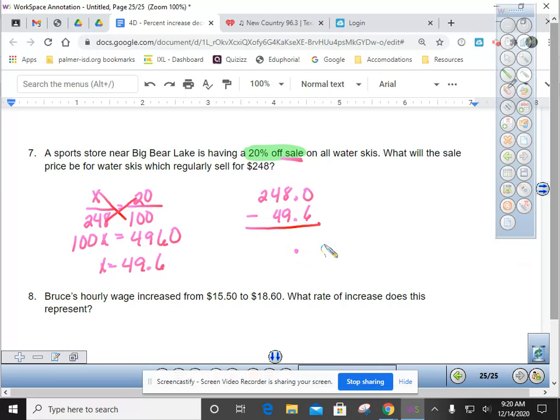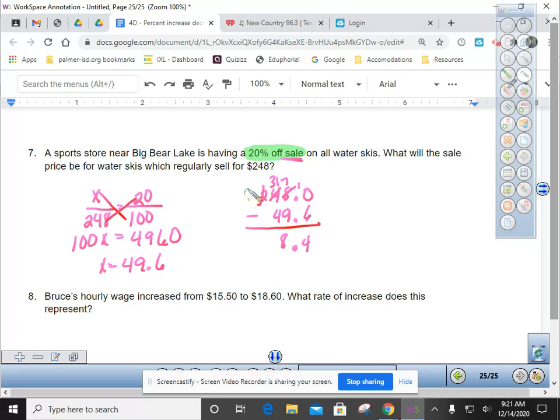Wait, why'd you put the 0.0 though? Because it's 49.6, I have to. Oh, okay. Because you have to line up the decimals when you're subtracting. $198.4.